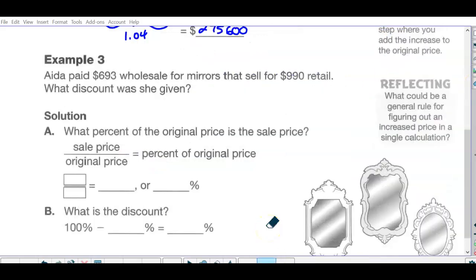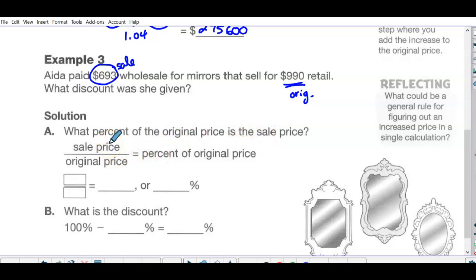Okay, Ada paid $693 wholesale for mirrors that sell for $990 retail. What discount was she given? So she really, I guess, paid the wholesale price, but that was the sale price, and this is the original price. So this is the original, this is the sale price for her. So what percent of the original price is the sale price?